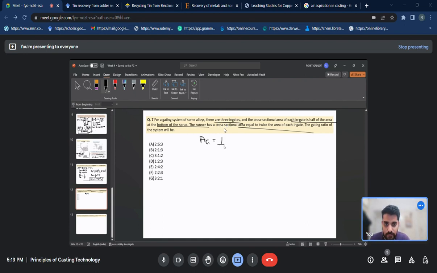So area of the gate is half that of the area of the sprue, and the area of the runner is twice the area of the gate.